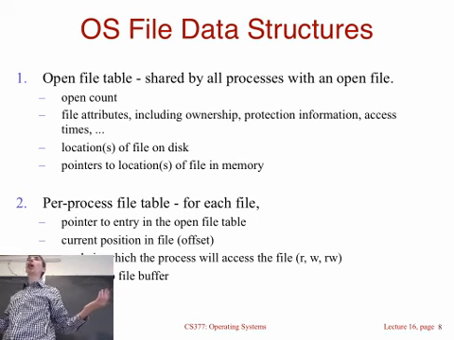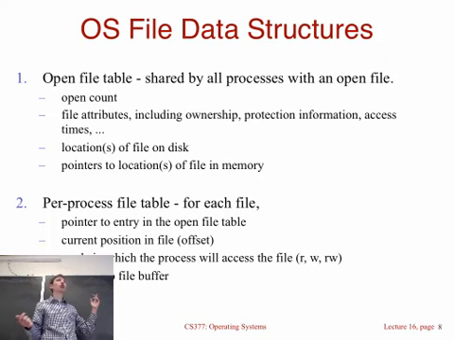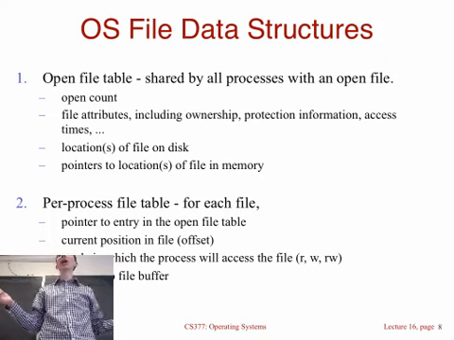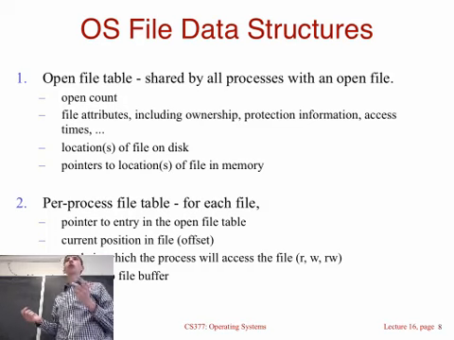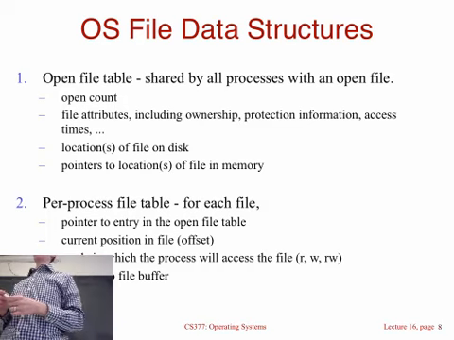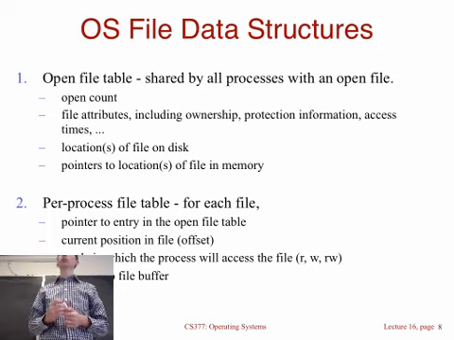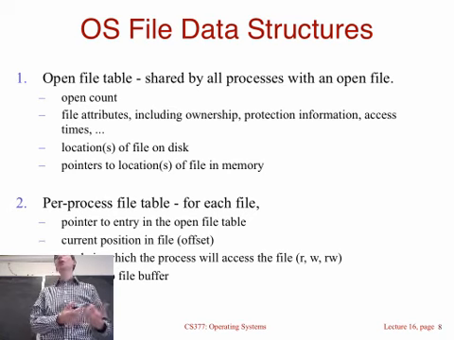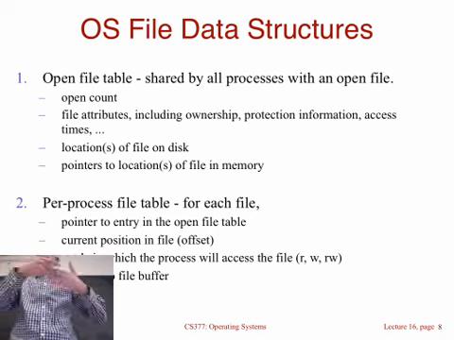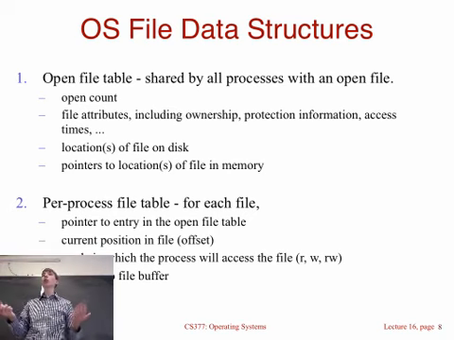Now, can anyone think of why we might want to keep that piece of information in this table? Why do we care about how many processes have this file open? Yes? That's true. You could do things to try to prevent your file from getting corrupted by seeing that maybe multiple people are writing. That's a good idea.